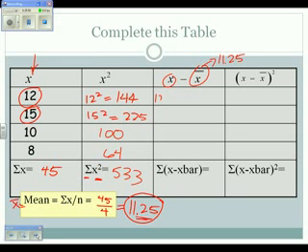So we do 12 minus 11.25, and what does that give me? 0.75. And then on the next row, we do 15 minus 11.25, and that will give me 3.75.